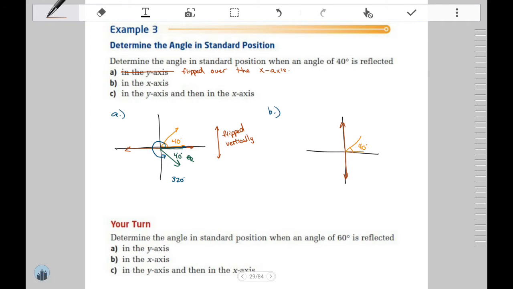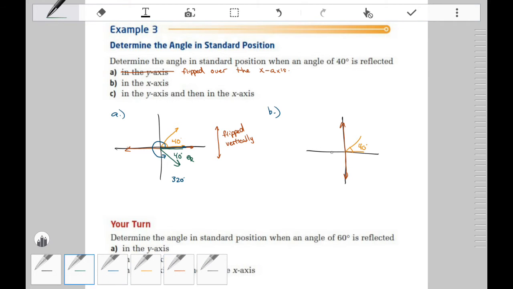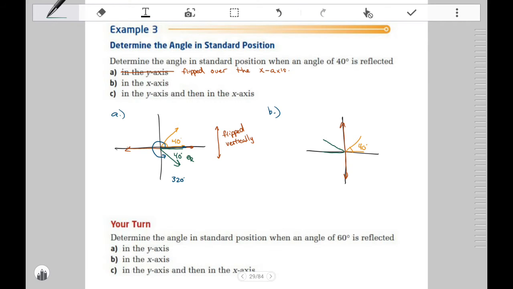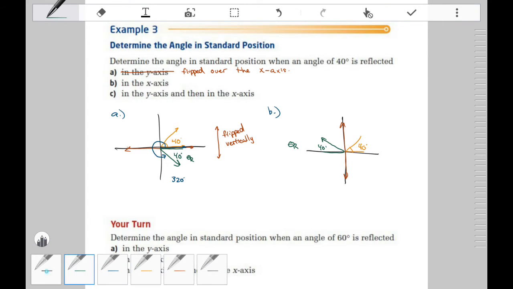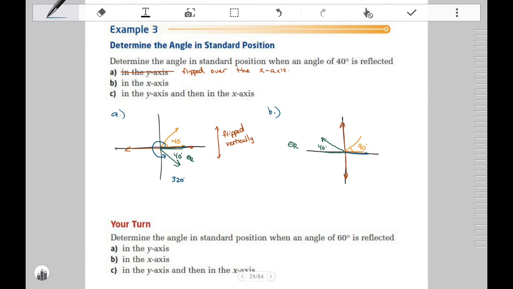We treat the y-axis like a mirror. Our reference angle is over here. That means that our angle from the initial arm here up to this point must be 140 degrees, because 40 and 140 must add to 180, that straight line.